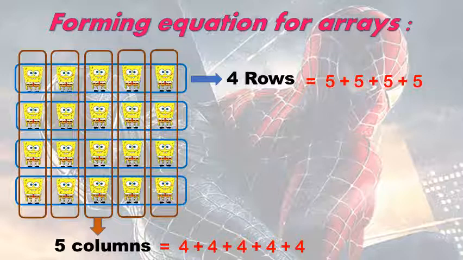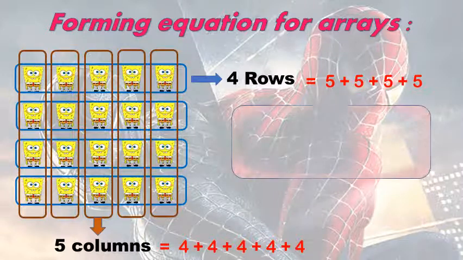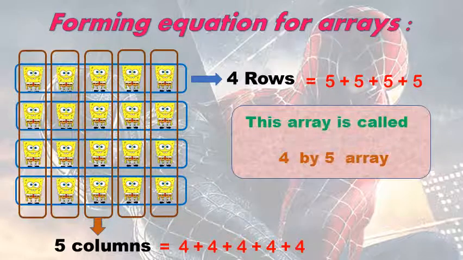We are going to repeat it 5 times, like this: 4 plus 4 plus 4 plus 4 plus 4. So for this equation, we have 4 rows, right? And we have 5 columns. This is how we write the array. It's a 4 by 5 array.